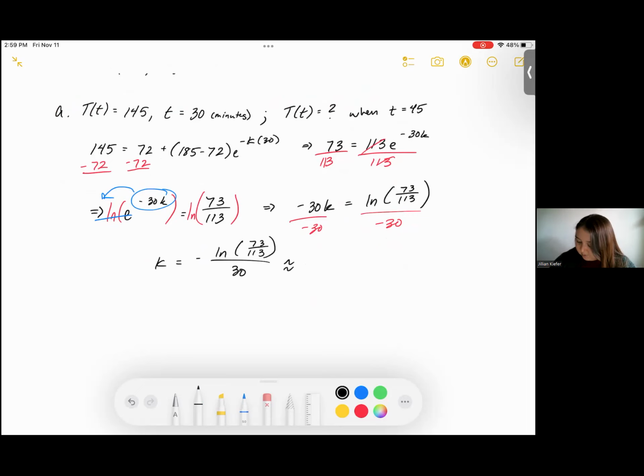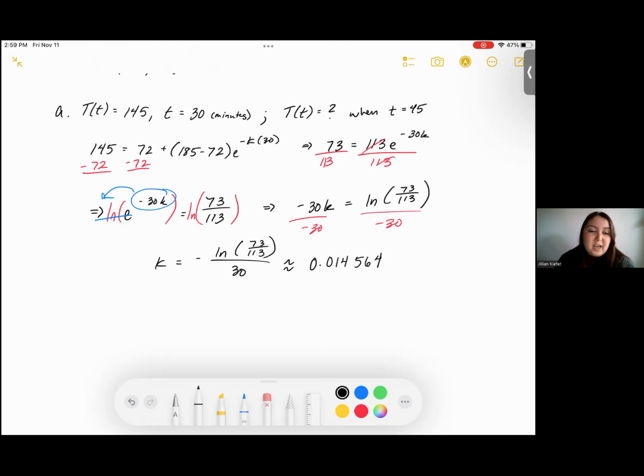We want to round to, let's go 6 decimal places. That's not in the problem already. So we get k is equal to about 0.014564. All right, so we found the value of k, which is what we need to solve for our next part, which is what is the temperature when time is 45 minutes.